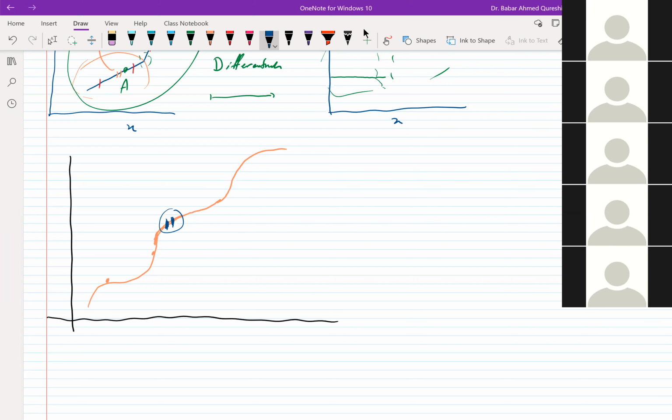So over here, we define the slope by our previous formula, which is that I take these two nearby points, compute their y values and their x values.